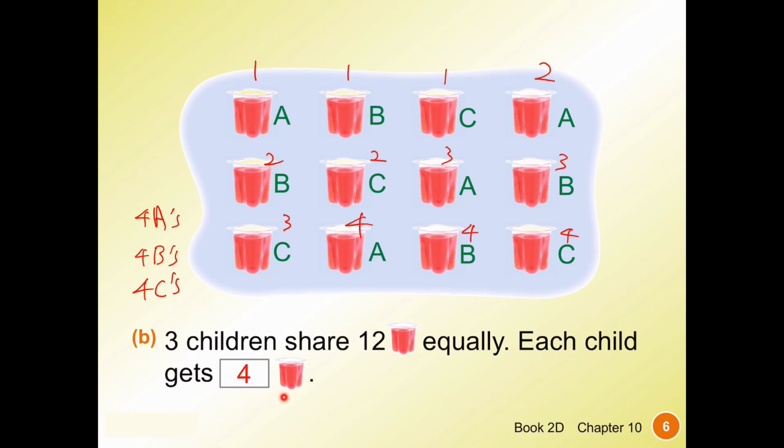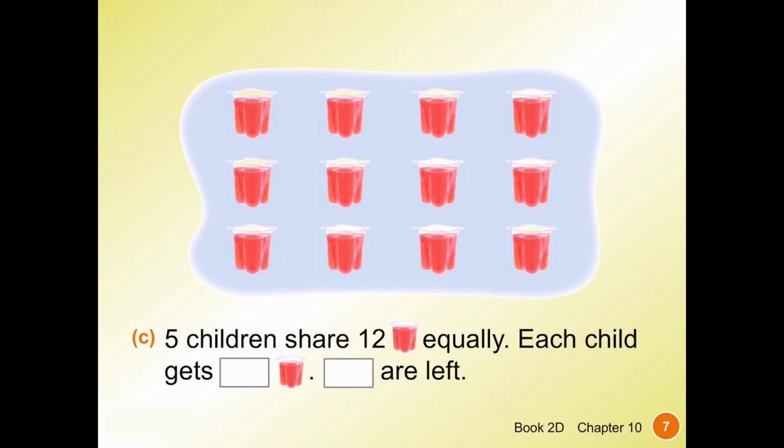For part C, 5 children share 12 cups of Jell-O equally. So instead of having A, B, C, this time, right now we have A, B, C, D, and E for the first round. And then A, B, C, D, and E for the second round.